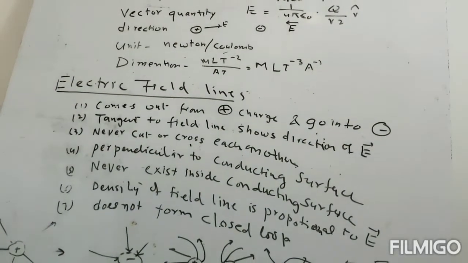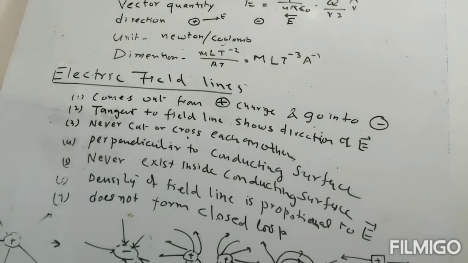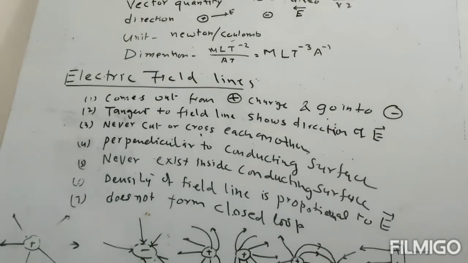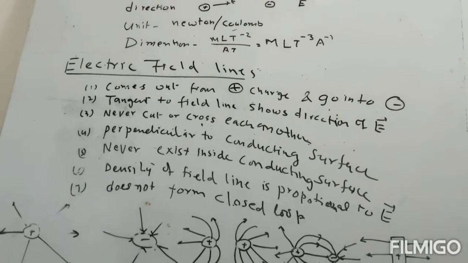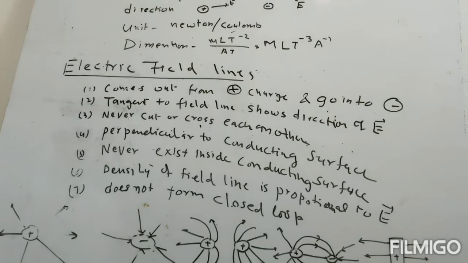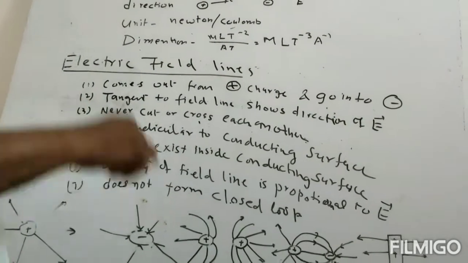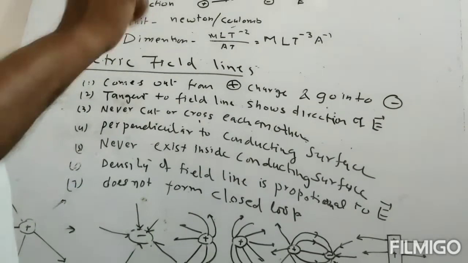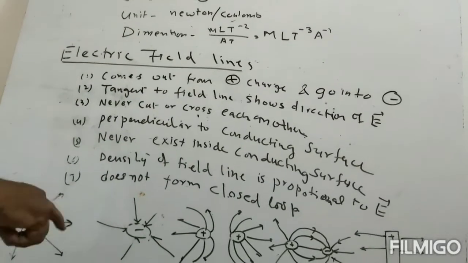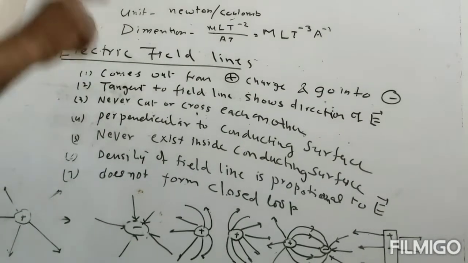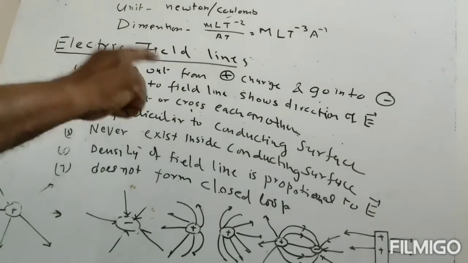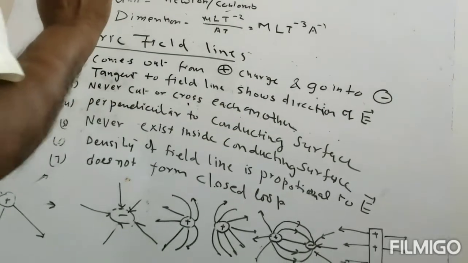Second property, the tangent to the field line gives the direction of the electrical field. Two field lines never cut or cross each other.